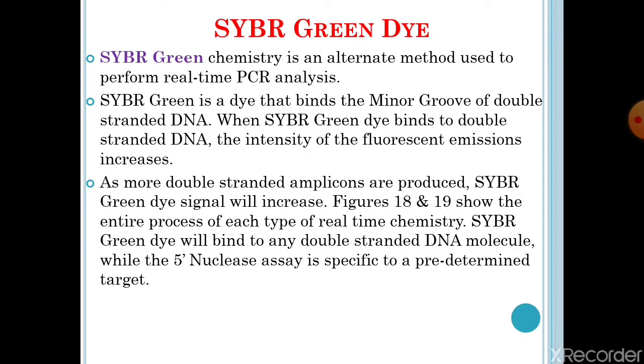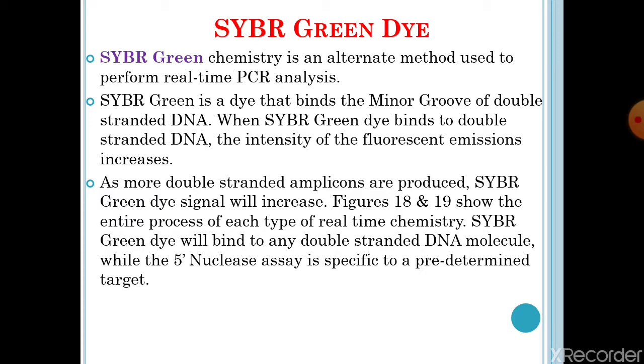Now, what is used is SYBR Green dye. SYBR Green chemistry is an alternative method used to perform real-time PCR analysis. This is a dye that binds the minor groove of double-stranded DNA. When SYBR Green dye binds to double-stranded DNA, the intensity of fluorescent emissions increases.